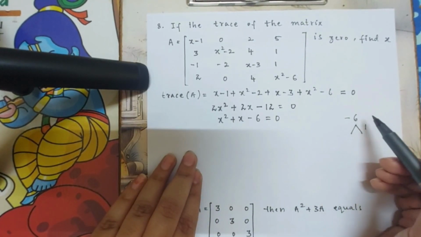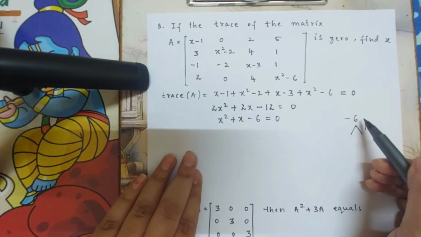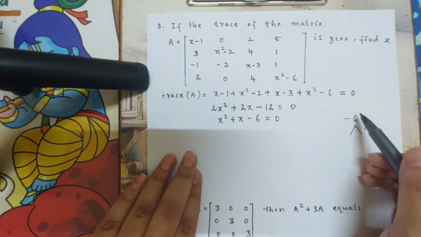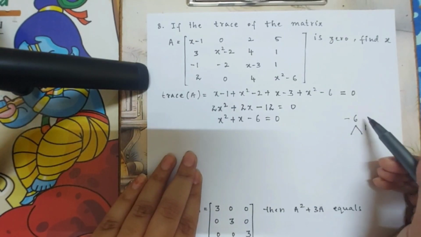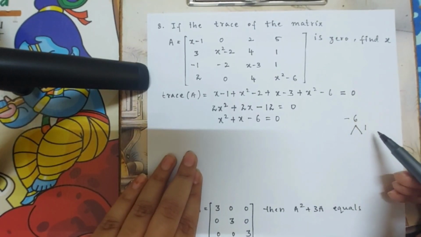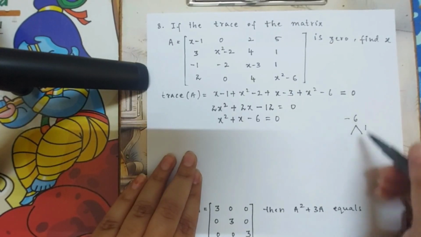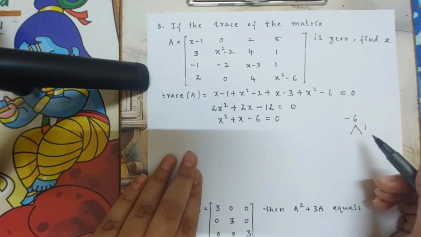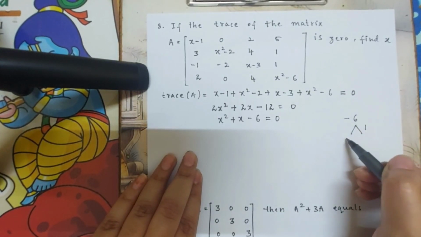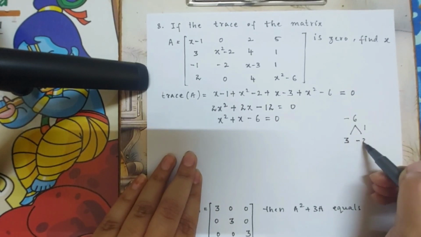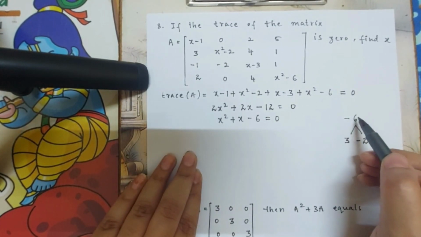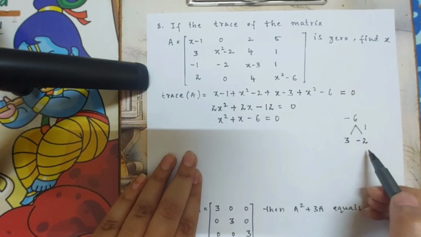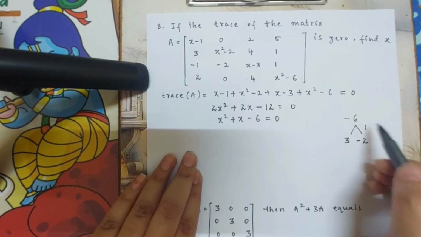I'll be getting two factors which, if I multiply, I should get minus 6, and if I add I should get 1. So I'll be able to write the factors as 3 and minus 2. If I multiply 3 with minus 2, I'll be getting minus 6, and if I add 3 with minus 2, I'll be getting 1.